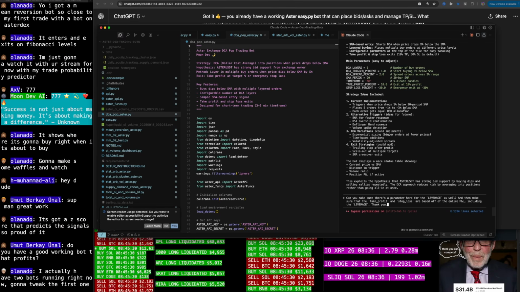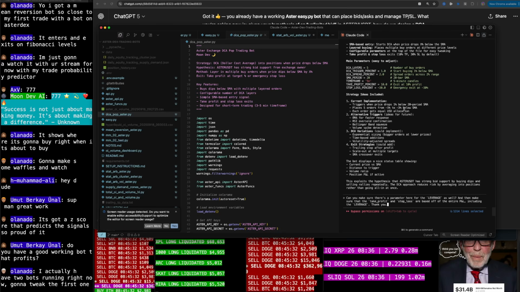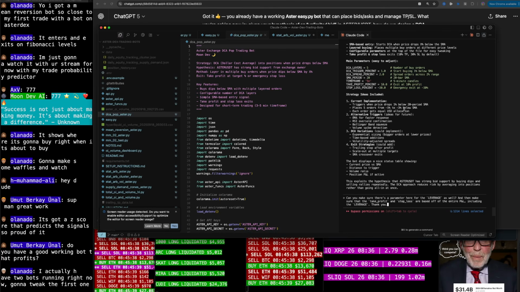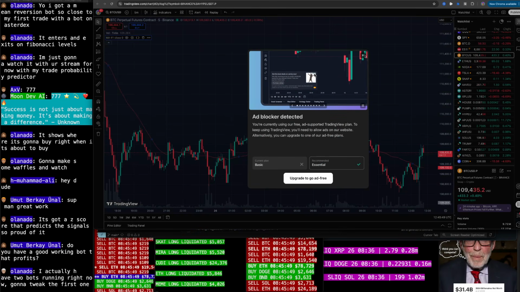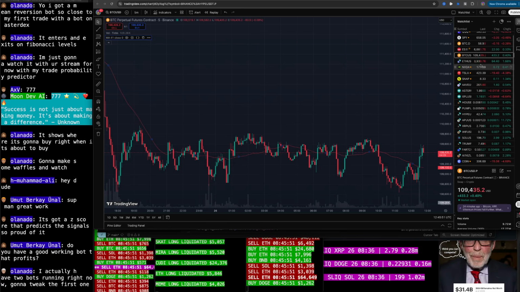That could be good. I kind of like that actually. Let's go look at what it looks like on a chart though. Let's go to Aster.